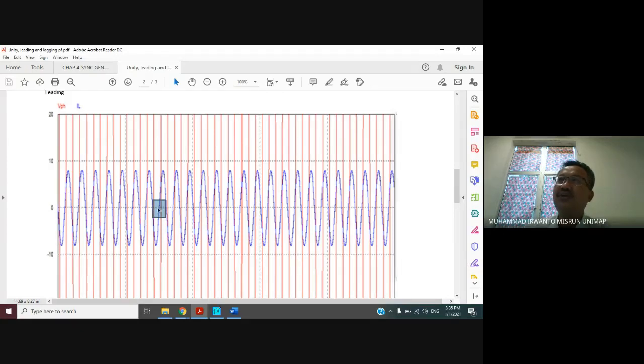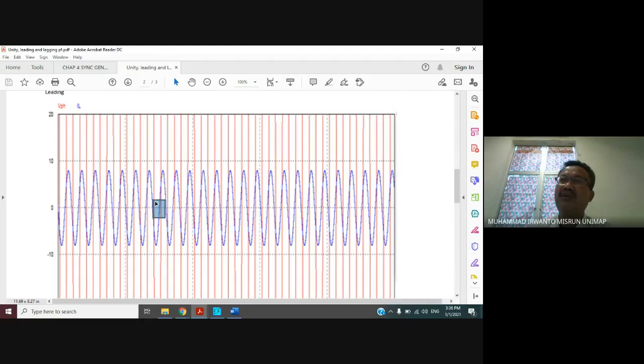The blue line appears first, and after that comes the red. Meaning the armature current leads the voltage, the red line, by how many degrees. So in this condition we can say that the power factor is leading: the current leads the voltage by how many degrees. Same as before, you have to understand the cos theta.